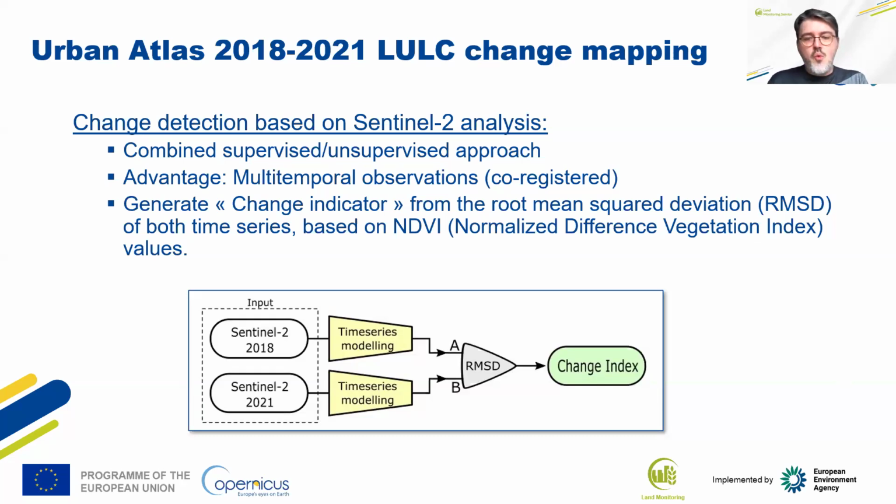NDVI tells us how active and healthy the vegetation is at every date. Once we have the NDVI time series for both years, we compare them using RMSD, root mean squared deviation. RMSD gives us a single value that summarizes how different the two yearly NDVI profiles are. The higher the RMSD, the more likely it is that a real change has occurred between the two years. Next slide, please.